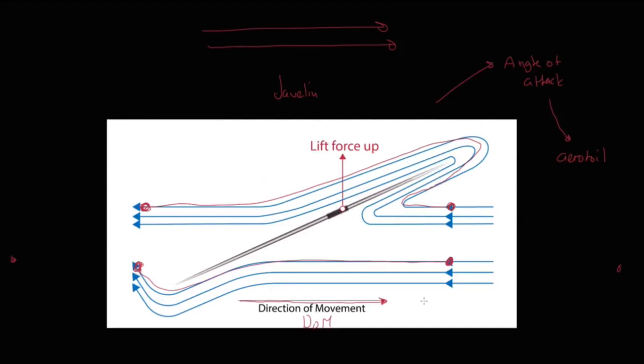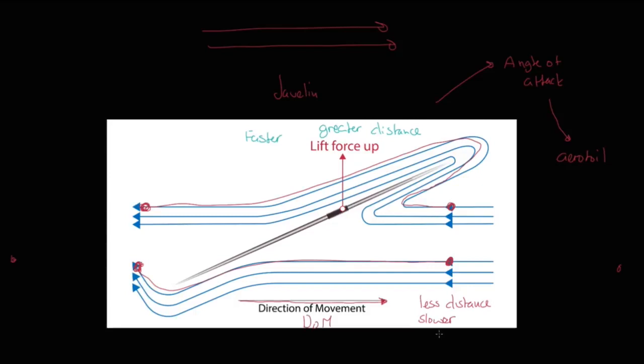So underneath the javelin, we have less distance travelled. Above the javelin, we have greater distance travelled by the air molecule. So below the javelin, because we've got less distance travelled, that air molecule has had to travel slower than the air molecule at the top, which has had to travel faster.